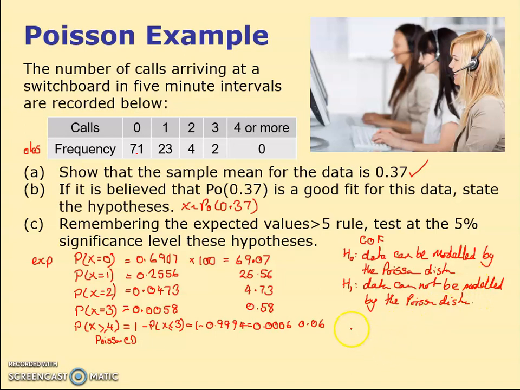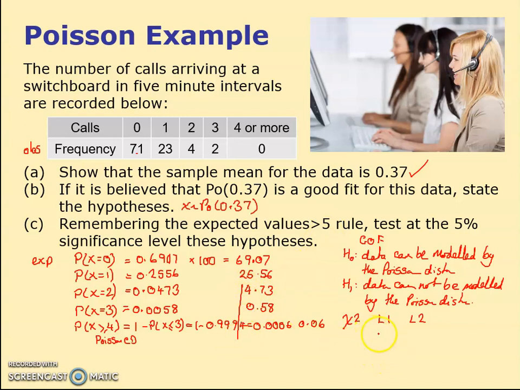Now, when we've done this, we're going to have to work out our chi-squared value. To do that, in list 1 we put our observed data, and in list 2 we put in our expected data. The one issue I've got here, and it actually says in the question, remember the expected values must be greater than 5, and these three aren't. But we can combine them, and between the three of them they will be.